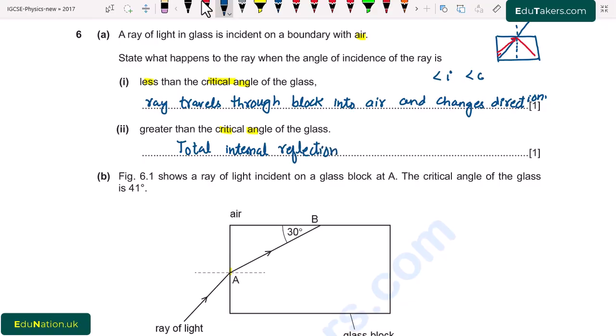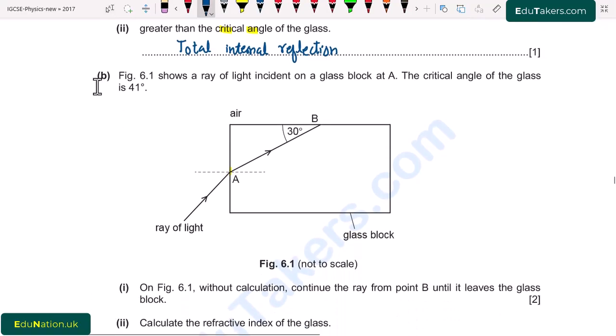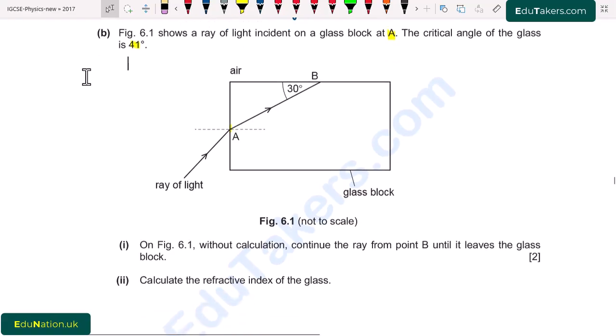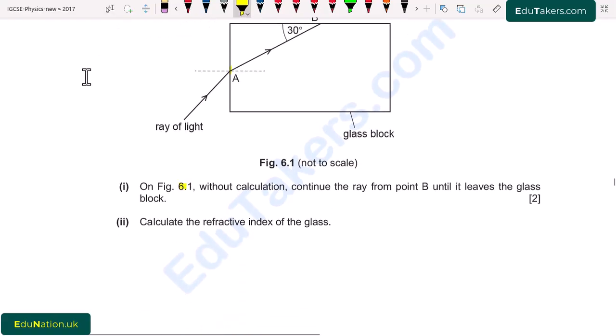Part B, Figure 6.1 shows a ray of light incident on a glass block at point A. The critical angle of the glass is 41 degrees. Part first. On figure 6.1, without calculation, continue the ray of light from point B until it leaves the glass block.